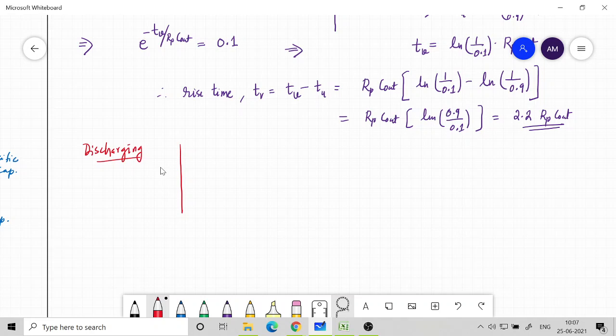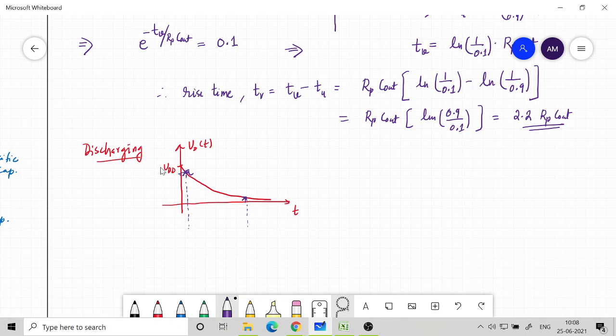So first of all, let us draw. This is our V out as a function of time. Initially it is at VDD, and then it is going to discharge exponentially. This is also a transient response, probably you might have seen in network theory. Now here also you can talk about the 90% and 10% points.